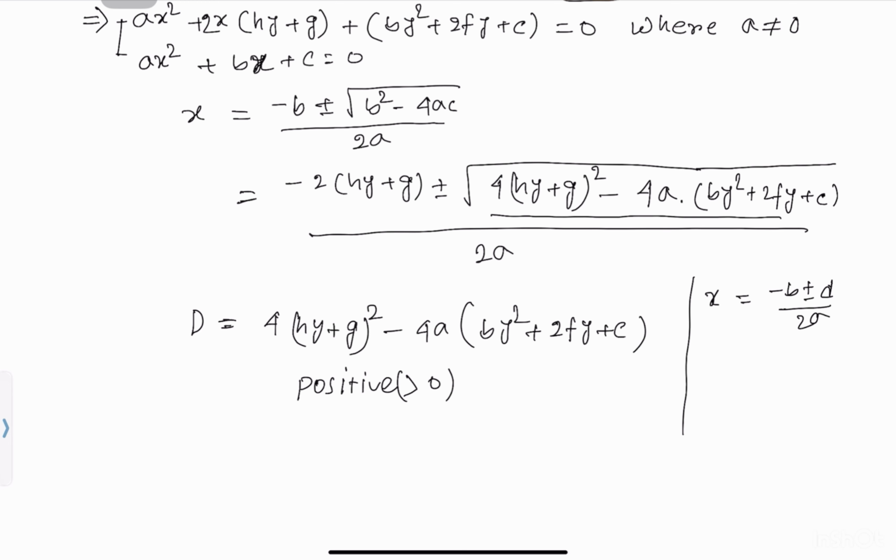That means x has two values. So you can write 2ax plus b equal to plus minus d. That means I have two solutions: one is 2ax plus b plus d, and the second one is 2ax plus b minus d.